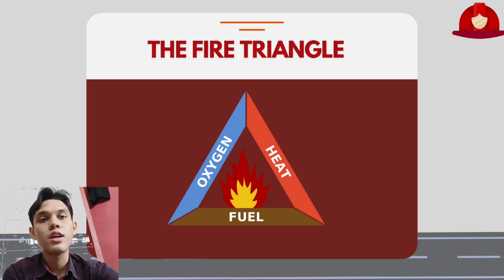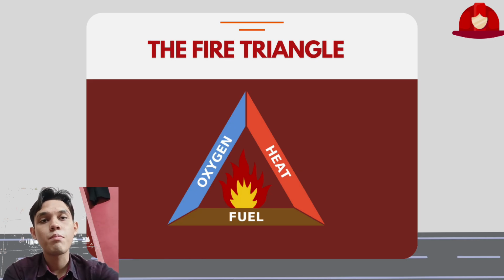And three, oxygen, usually from the air, which supports combustion. When these elements come together, a fire can start and continue to burn. But if just one of those elements is removed, the fire will stop.